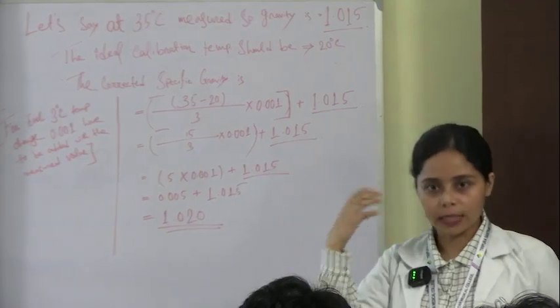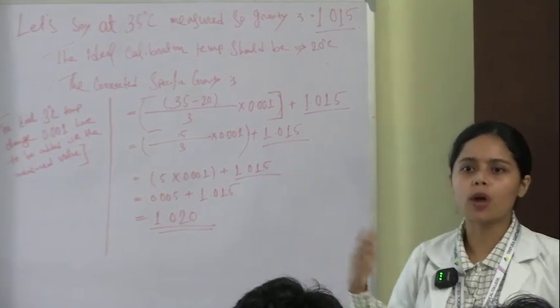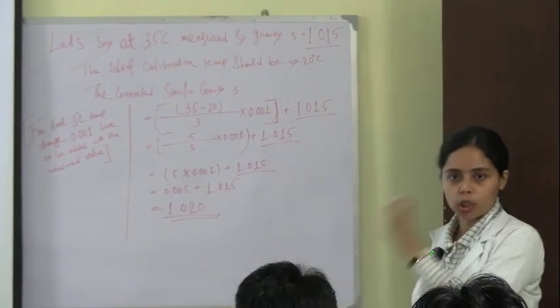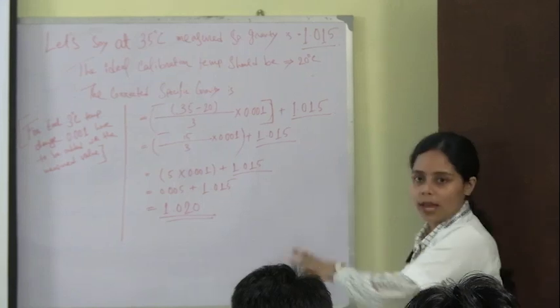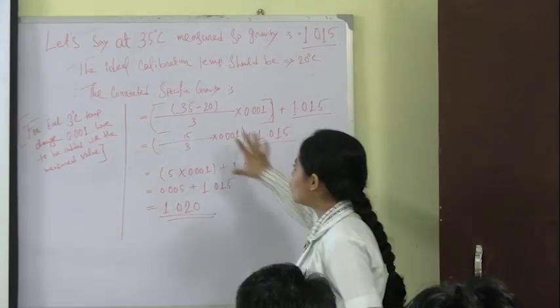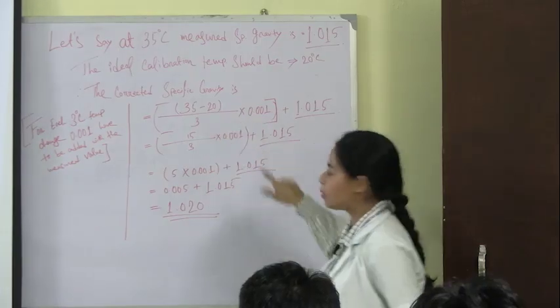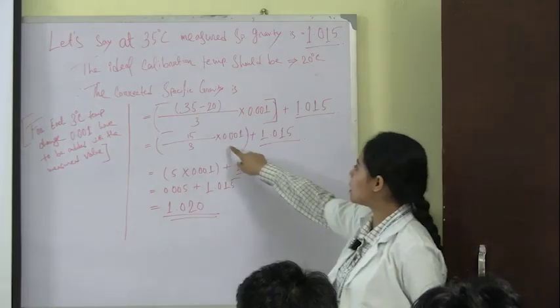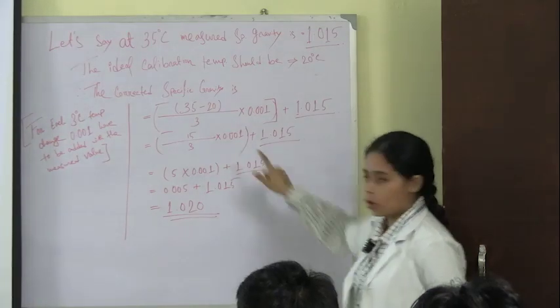So whatever temperature is there, maybe 32, 35, that will be there. To find out the actual thing, we have to do this maths. For every 3 degree rise, what will we do? 35 minus 20 divided by 3. Then we will get the temperature, and with that we'll multiply the 0.001. Okay.